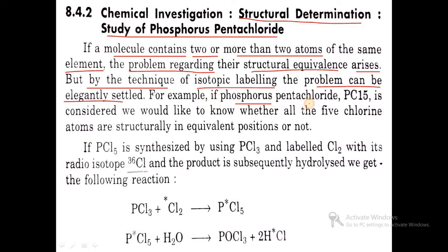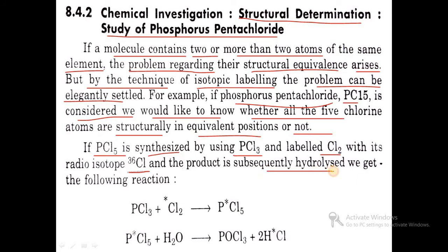For example, if phosphorus pentachloride PCl5 is considered, we would like to know whether all the 5 chlorine atoms are structurally in equivalent positions or not. By labeling we can conclude it. Suppose PCl5 is synthesized by using PCl3 and labeled Cl2 with its radioisotope Cl36, while normal chlorine is in the Cl35 form, and the product is subsequently hydrolyzed.